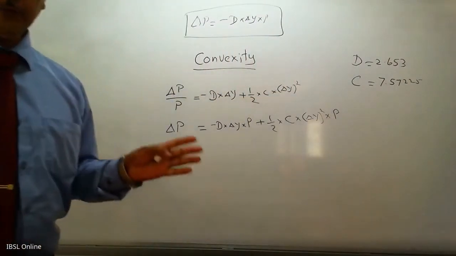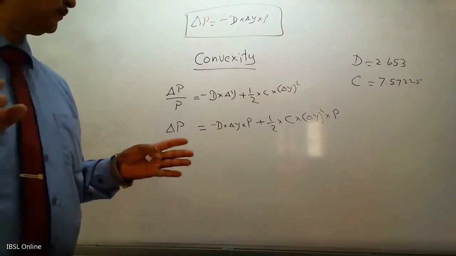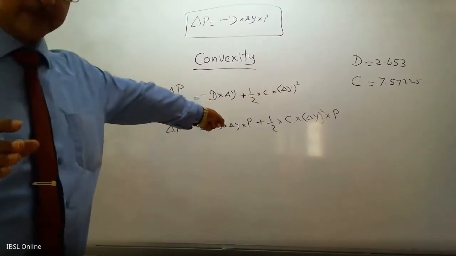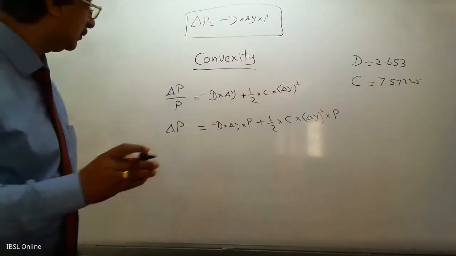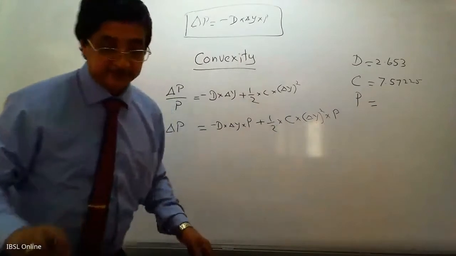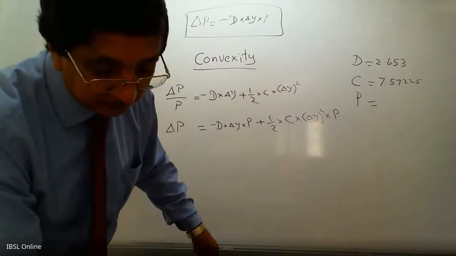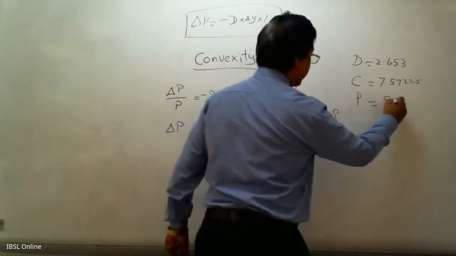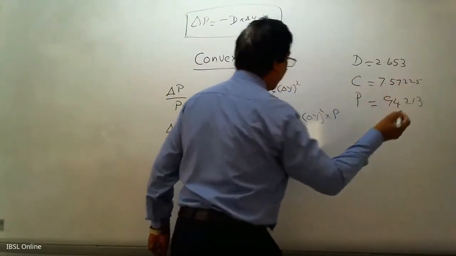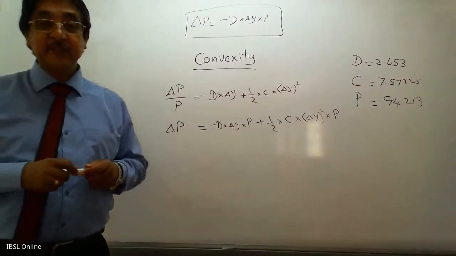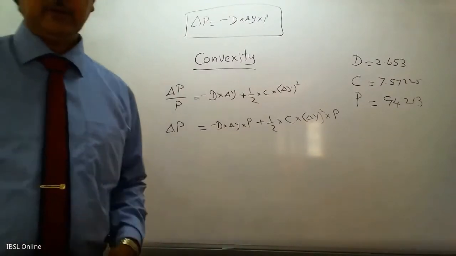The price we know, P is as per our calculations 94.213. Now what I am asking is, you have to arrive at the price change.